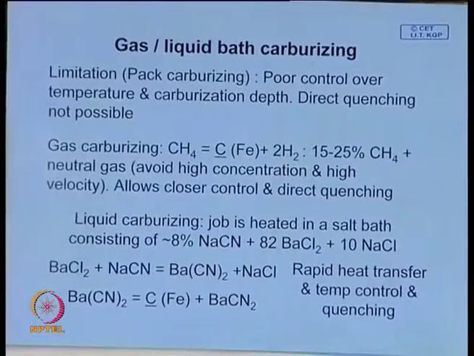And now let us see, there are certain limitations in pack carburizing. In pack carburizing, of course, it is very easy. You pack it in a box consisting of the carburizing mixture, but after you have done the carburizing, you can't, like in induction hardening, spray water, cool or quench.